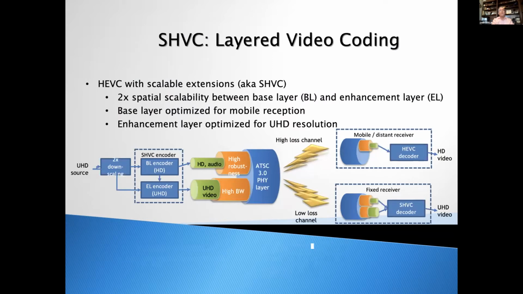So the SHVC, the layered video coding, I don't want to spend a lot of time, but I think this is really important. What makes it possible is enabling the base layer of service to be sent over the air and an enhancement layer to be delivered over the top to internet connected TVs. That's a big deal for us because we're in a connected world and we want to take advantage of both.